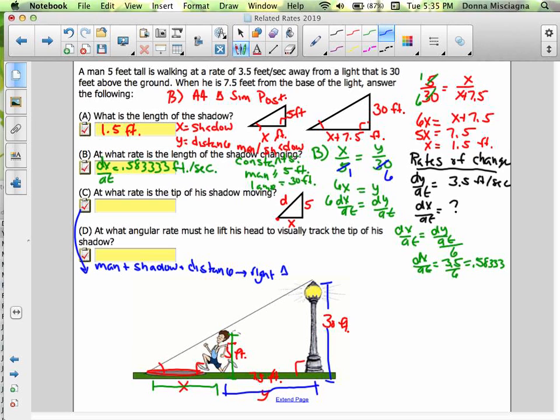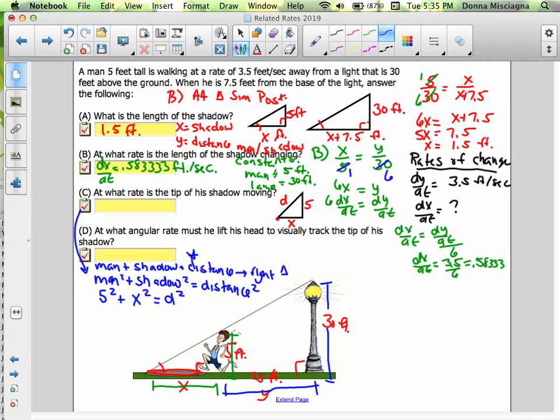So that means that man squared plus shadow squared equals distance squared. And this is what we're looking for. We're looking for the rate of change in that distance, because that would give us the tip of the shadow. So man is 5, the shadow is x, and we'll call the distance d.